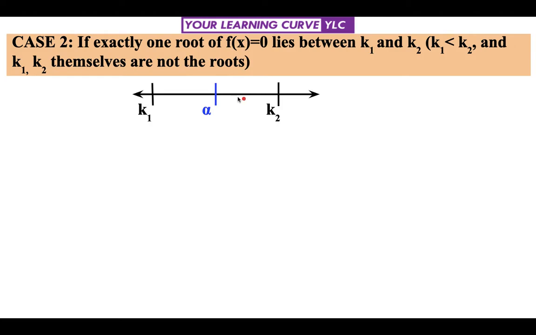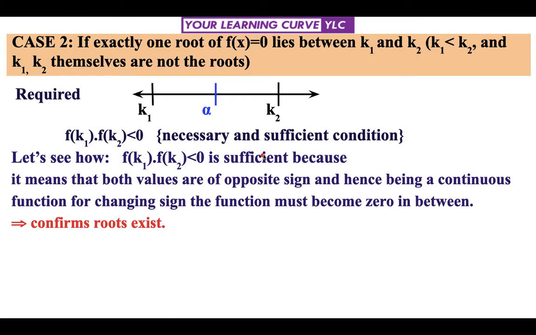So now we have to ascertain that exactly one root lies between k1 and k2. This is the required case, k1, k2, and this root alpha lies between k1 and k2.